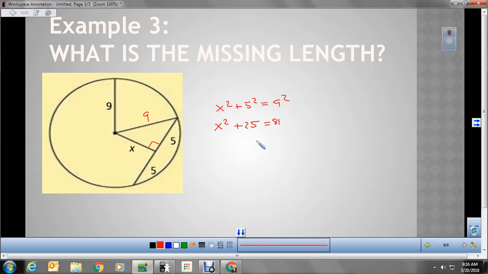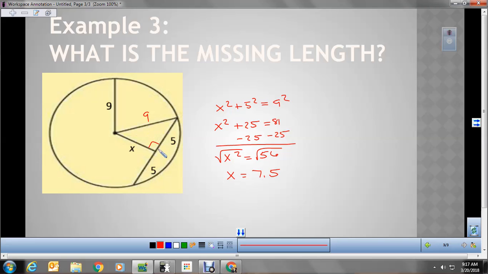So we have x squared plus 25 is equal to 81. Next, subtract 25. x squared is equal to 81 minus 25. So 81 minus 25 is 56. Take the square root of both sides, and x is going to be approximately 7.5.